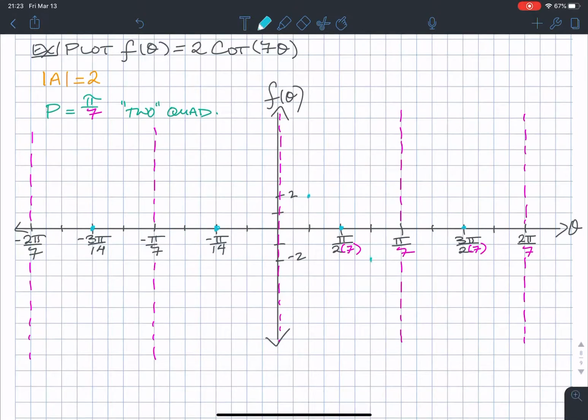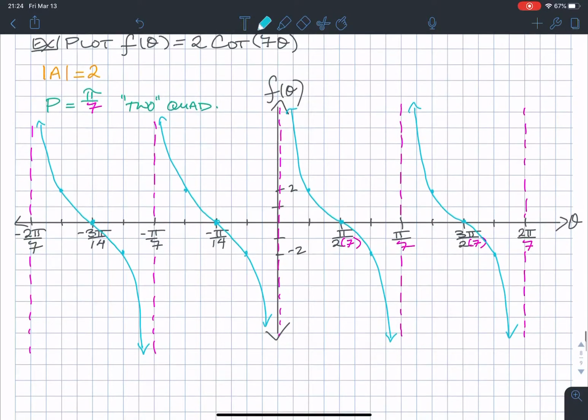So the first period for cotangent will look something like so, with an amplitude of 2, that is, it's twice as tall. And an augmented period now of repetition every pi over 7 units as opposed to pi. Okay, and we just repeat. Downhill, cotangent goes downhill and has a vertical asymptote on the y-axis.